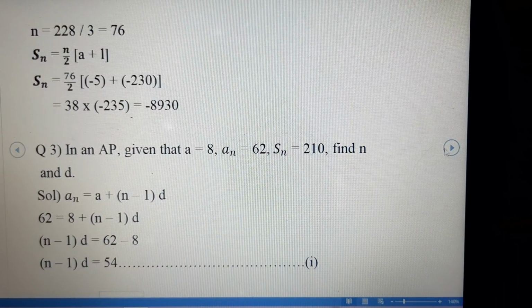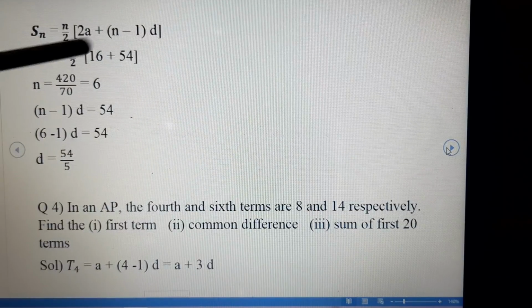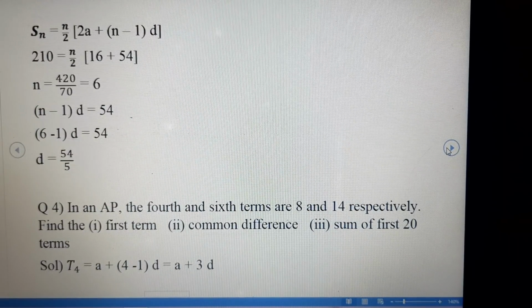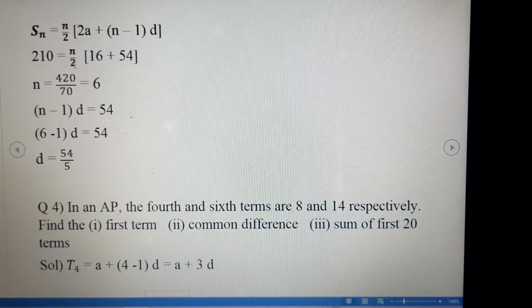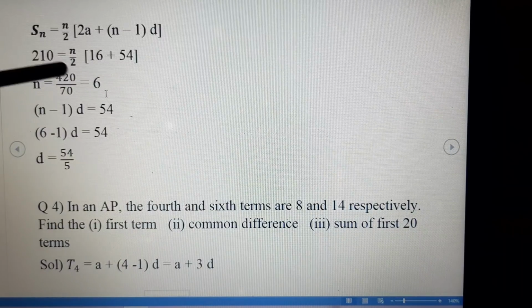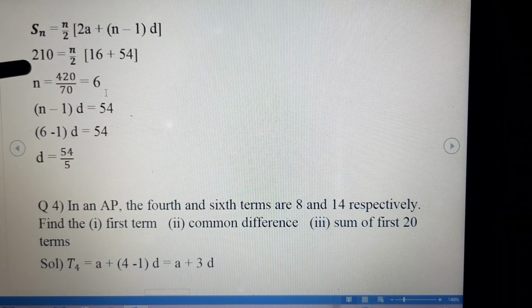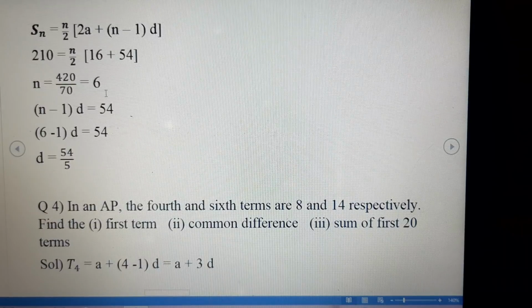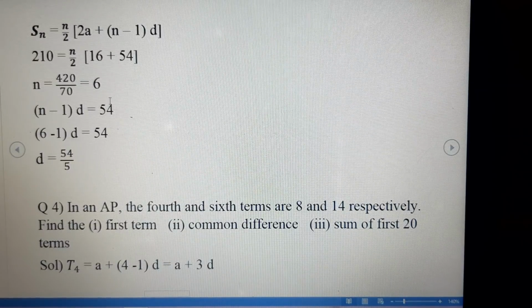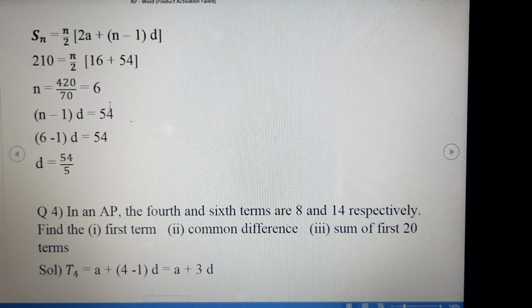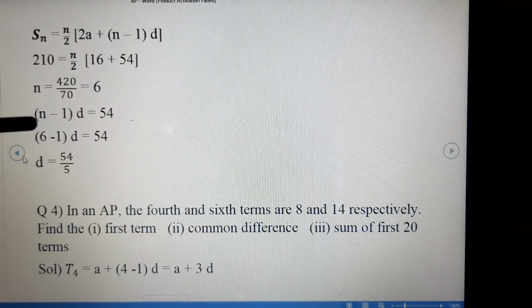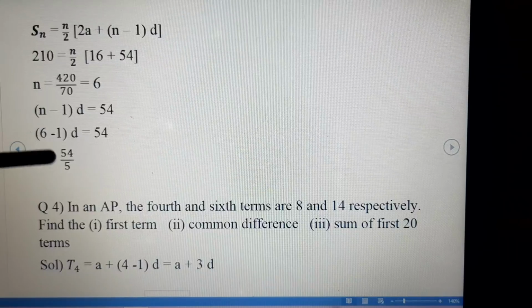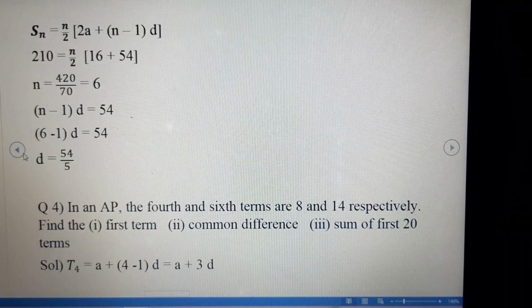So we'll use 54 in place of n minus 1 into d. This way we will be able to calculate the value of n. 2 will be shifted this side, and 210 into 2 divided by 70. So the value of n is 6. Now we will substitute the value of n here. N minus 1 into d is equal to 54, and we will calculate the value of d from there.